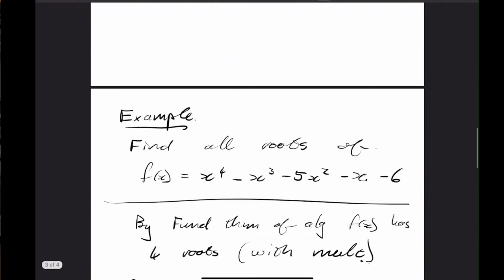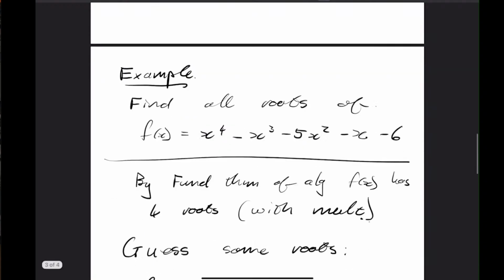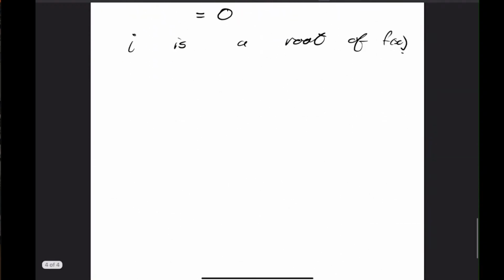Let's take a look at our polynomial. Notice here the coefficients are 1, minus 5, minus 1, minus 6. All of the coefficients are real. So all of the coefficients in our polynomial are real numbers. So that means we get a root for free.